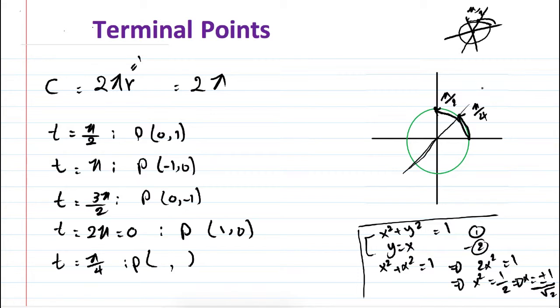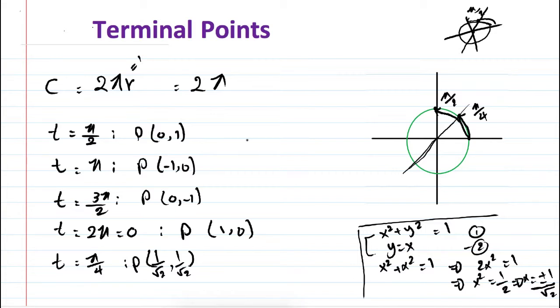Here in this quadrant, any x and y that I have will both be positive. So it will be 1 over square root of 2 and 1 over square root of 2. As you can see, that is how we found the terminal point for t, or for distance, such that it is pi over 4.